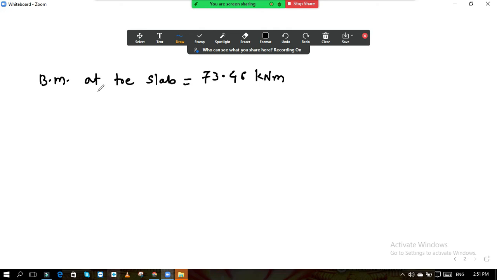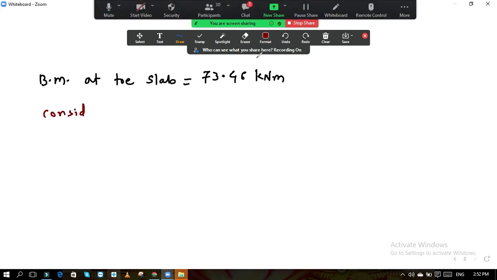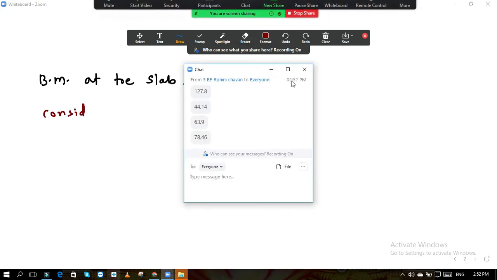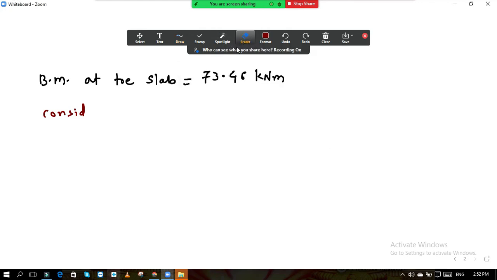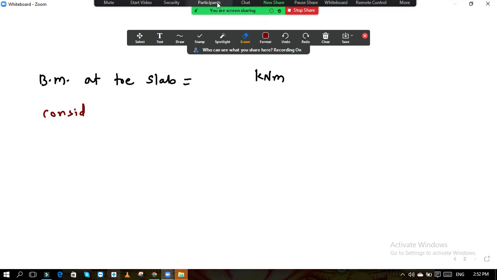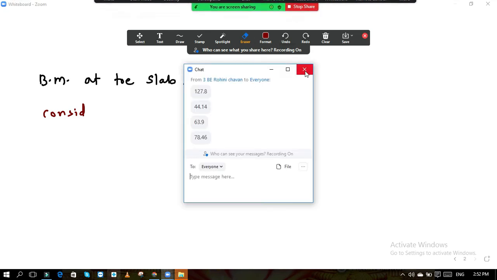So now we have to consider the effective cover for stem. We have provided 40 mm. Okay. Similarly, now we need to provide the effective cover for base slab. Okay. So here I will write considering 78.46.